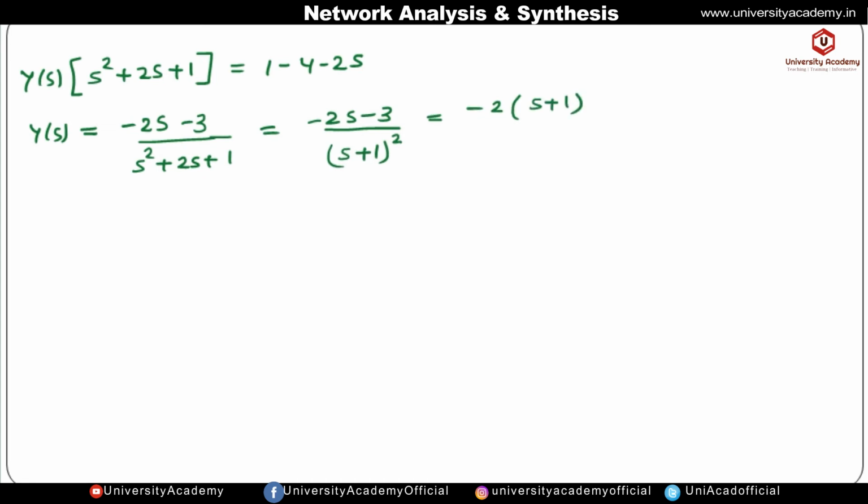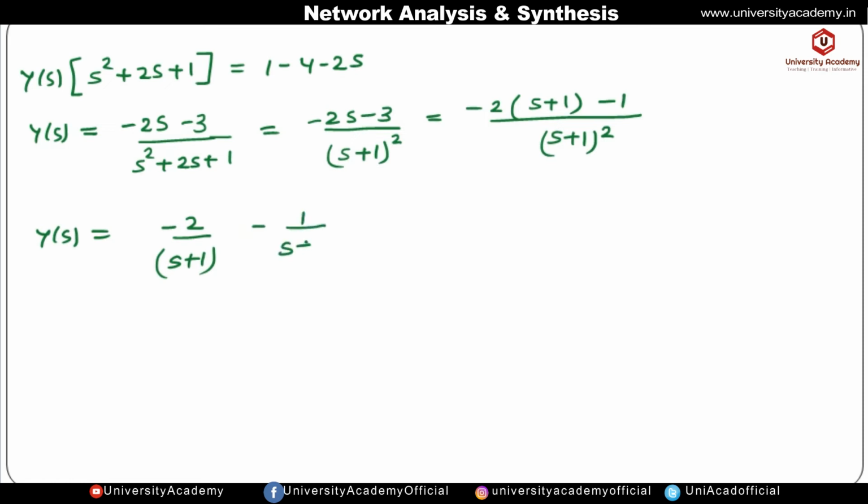So it will become minus 2s minus 2, but we want minus 3, so we have to add minus 1 here in the numerator, over s plus 1 whole square. Okay, so this y of s will become minus 2 by s plus 1, minus 1 by s plus 1 whole square.